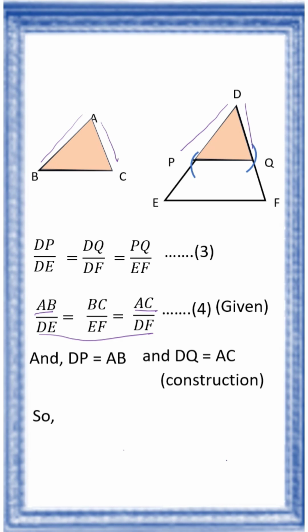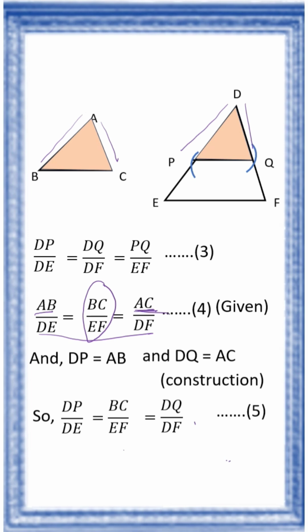So dP by dE, let us retain this one. BC by EF is equal to AC by, not AC, I am replacing AC by dQ. Let this be equation number 5. Here observe this and this are equal, isn't it? And again this and this.